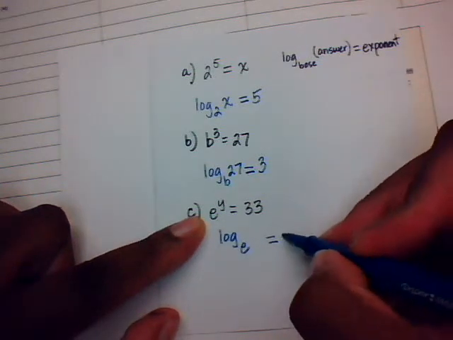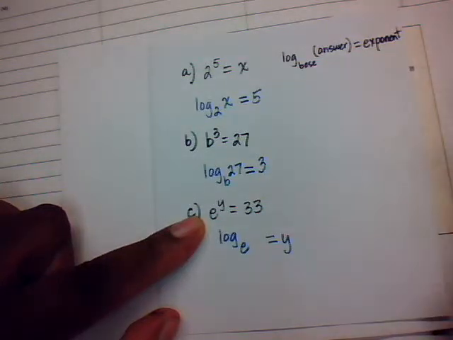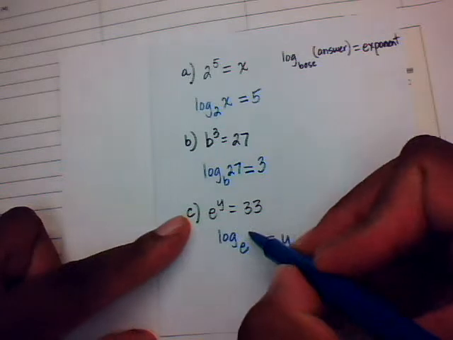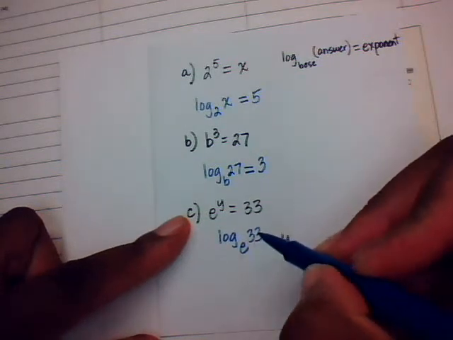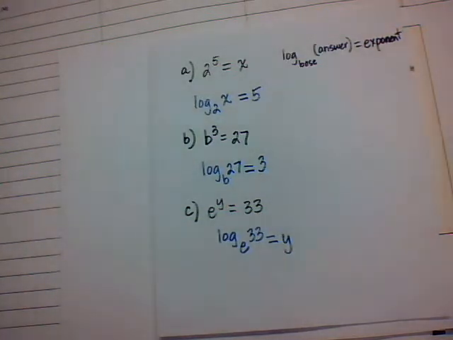That goes after the equal sign, because the log of something is always going to be equal to the exponent. Then this 33 goes immediately after the log. So in this case, this will be log to the base e of 33 equals y. Okay, so that's how you'll convert an equation that's in exponential form to its equivalent logarithmic form.